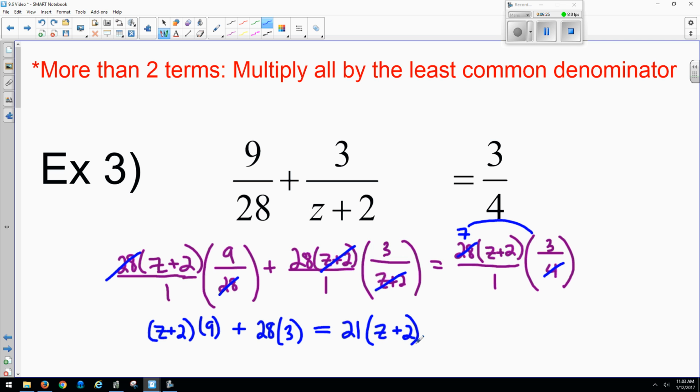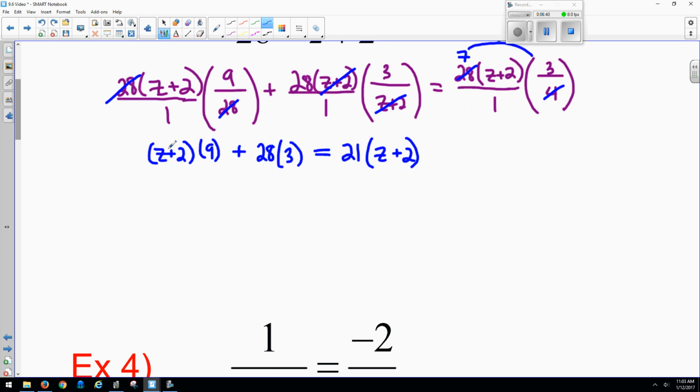Hopefully you can see that by multiplying every single term by the least common denominator, we're actually eliminating the denominators, which is a lot easier to work with. So I'm just going to simplify what we have now. I'm going to distribute the 9 over here. So I have 9z plus 18 plus 84 equals, and I'm going to distribute the 21 over here.